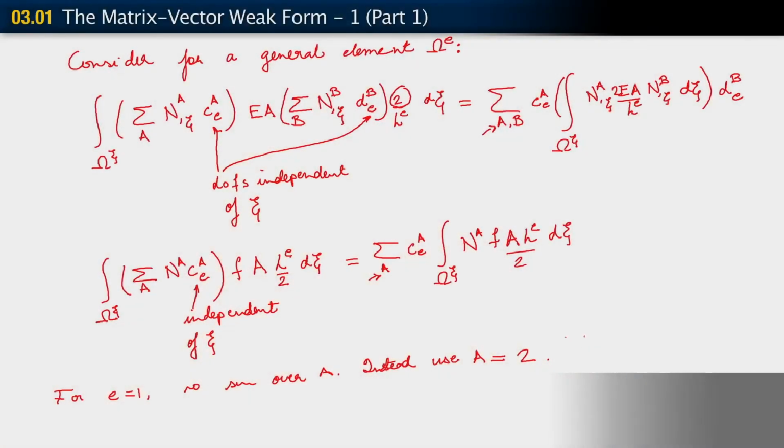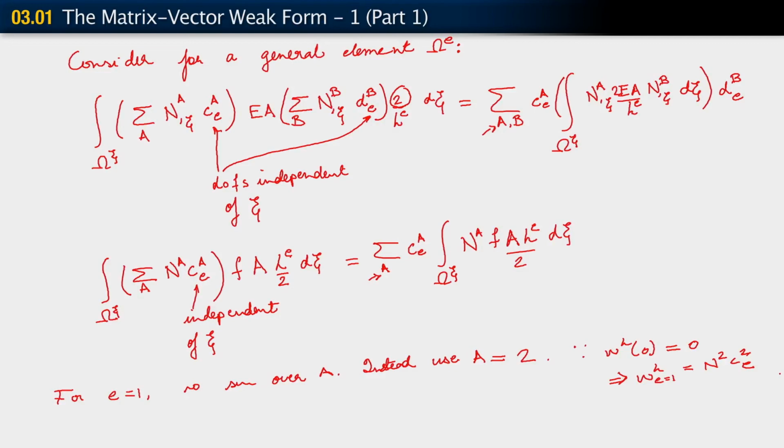So instead we use A equals 2, because we know that w h at 0 has to be equal to 0, implying that w h in that element, for e equals 1, is only written as N2 c2 e.